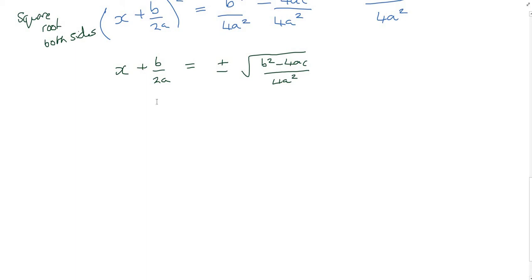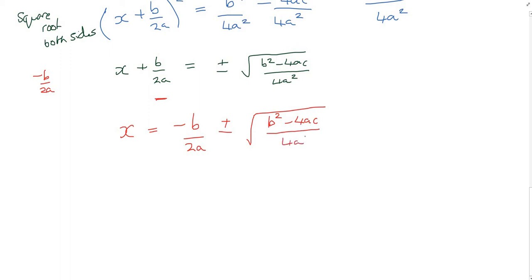All we need to do is move this term across to the right hand side. So we're taking away b over 2a from both sides. So this gives us x equals, it's going to be a negative, so minus b over 2a plus or minus, then we've got this big square root term, b² minus 4ac over 4a².